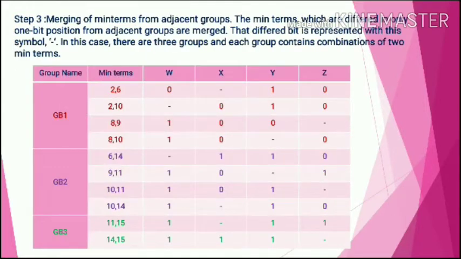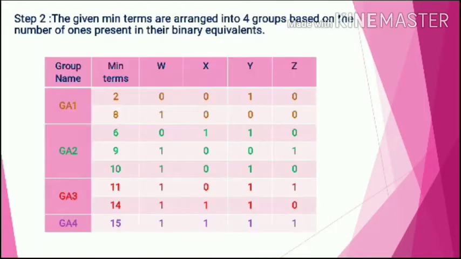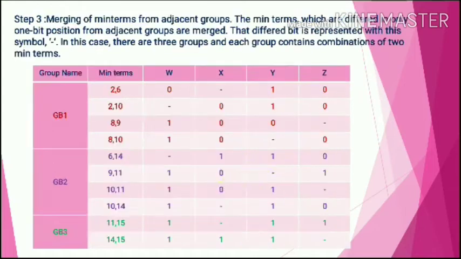Next, step 3: merging of minterms from adjacent groups. The minterms which differ in only 1 bit position from adjacent groups are merged. That differing bit is represented with the symbol hyphen. Here there are 3 groups and each group contains combinations of 2 minterms. From the step 2 table, you can form the step 3 table.